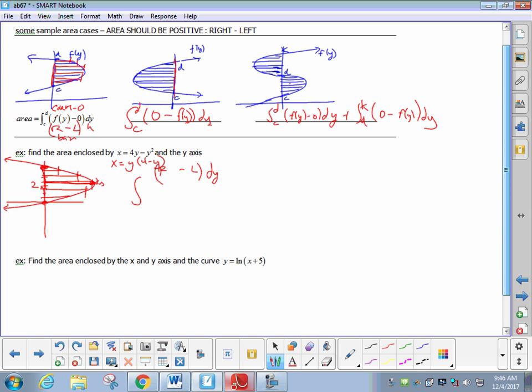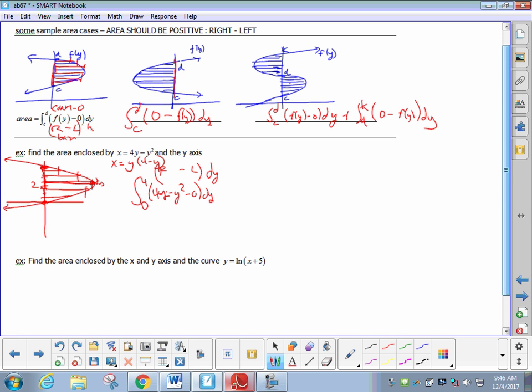So what's the integrand? If I go right minus left, that's curve minus the axis. 4y minus y squared minus 0. And the limits of integration, are they vertical from the low to the high, or horizontal parts of the region? Vertical from 0 to 4.